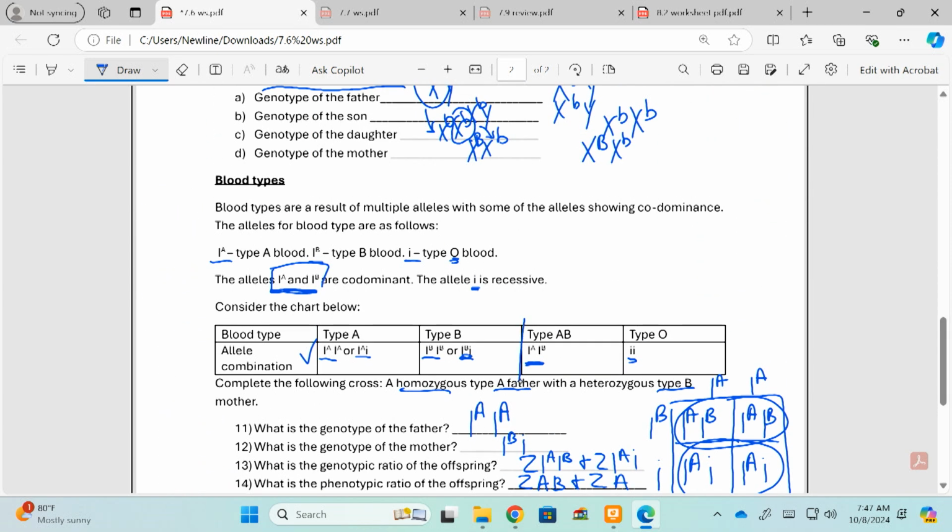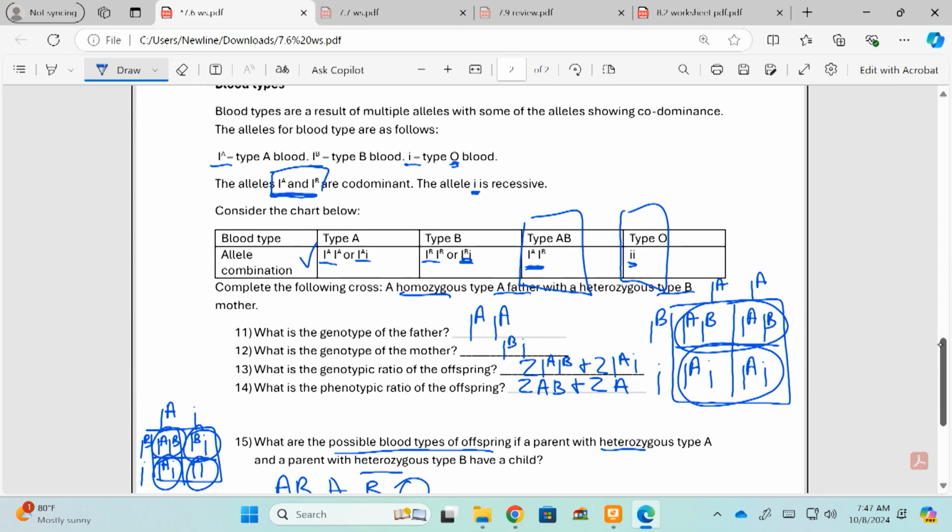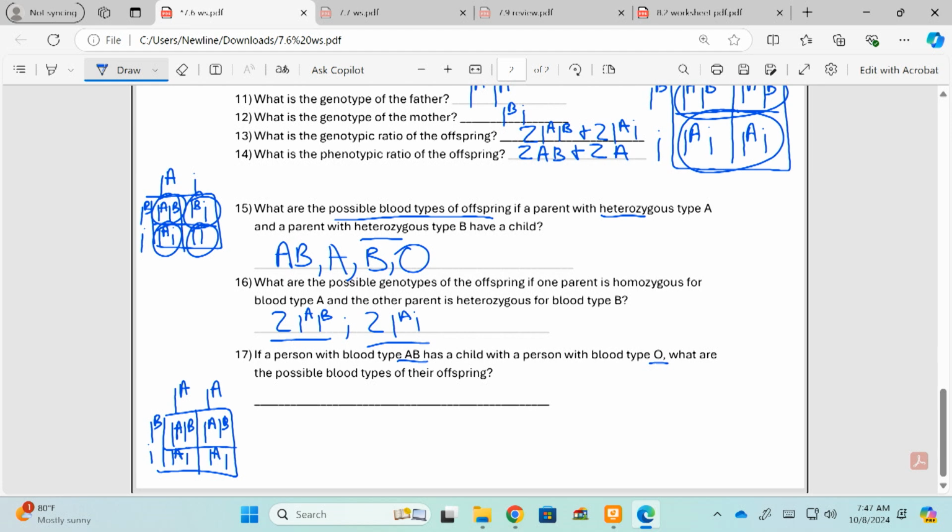So the type AB person is going to have this, and the type O person is going to have this. We don't need the words homozygous and heterozygous because there's only one combination that can make these blood types. So let's draw the Punnett square here and start filling it in. Here's the type AB person, here's the type O person, and then we'll fill in our charts.